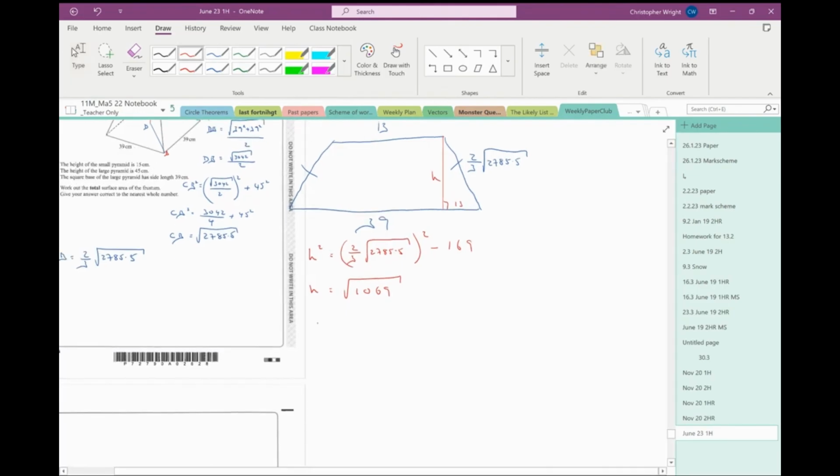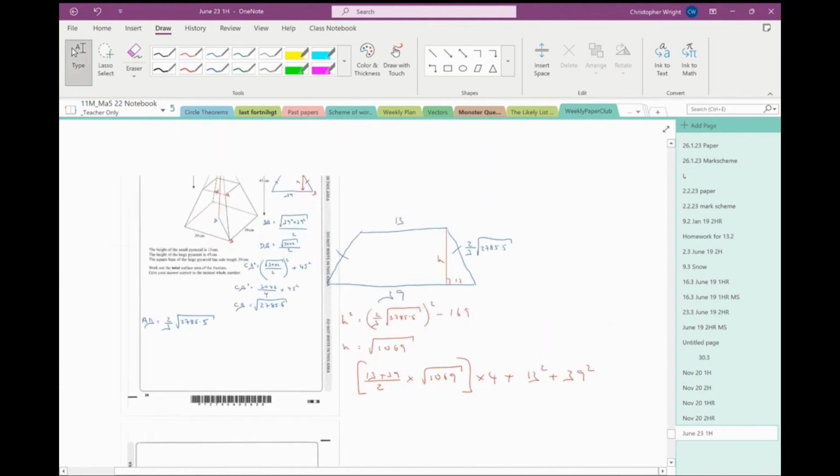The area of my trapezium is going to be the average of the horizontal lengths, 13 plus 39 over 2, times by the height. And if I'm going to find the surface area of the whole of the solid, then I've got 4 of those, plus the square on the top, which is 13 squared, and the square on the bottom, which is 39 squared.